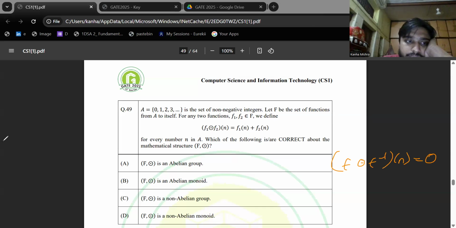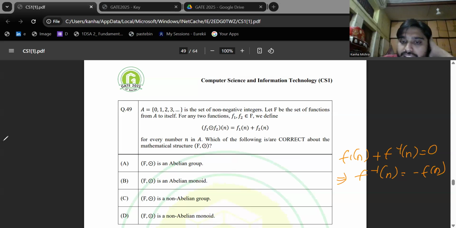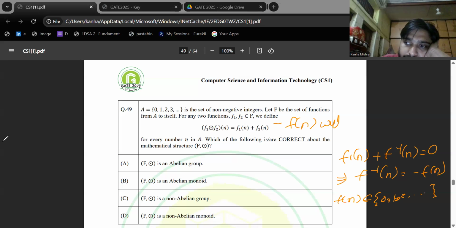This implies that f of n plus f inverse of n is equal to 0, so f inverse of n is equal to minus f of n. But since f of n belongs to 0, 1, 2, and so on, the negative of f of n will not be in A, unless f of n is 0.